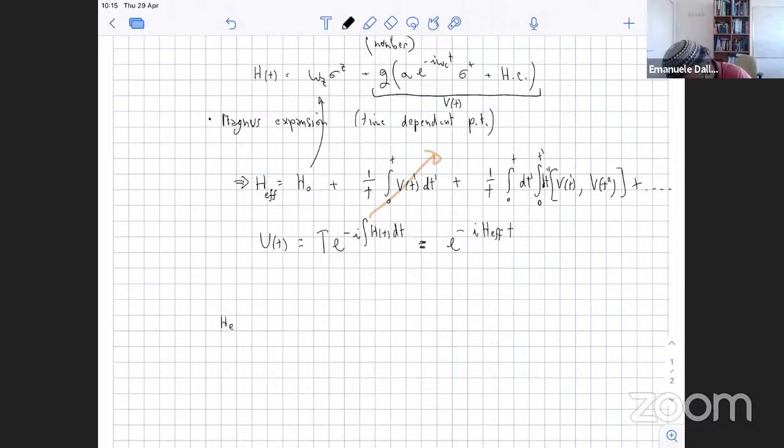So let me call it, say, H effective 2. H effective is going to be H0 plus this integral: 1 over t, dt prime from 0 to t, dt prime prime from 0 to t prime. Okay. So now what is the V of t?